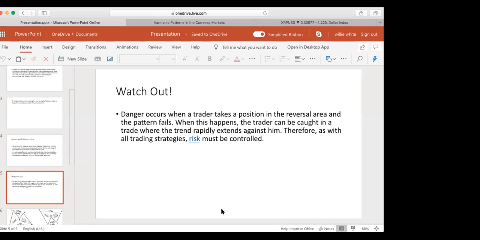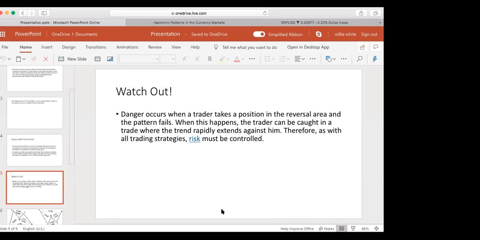So when a trader takes a position, this kind of relates to anybody. When you take a position in the reversal area, when you draw up your harmonic pattern, sometimes it doesn't always work out the way you expect it to.